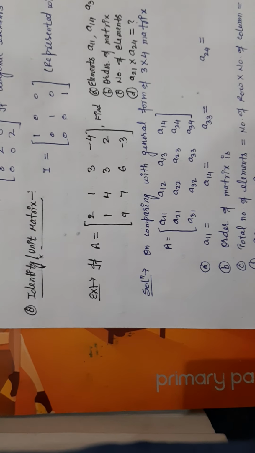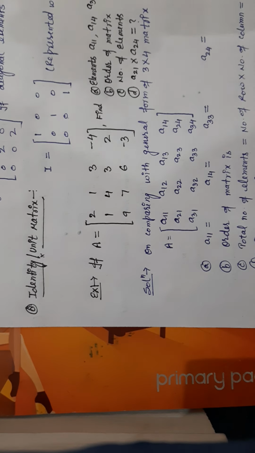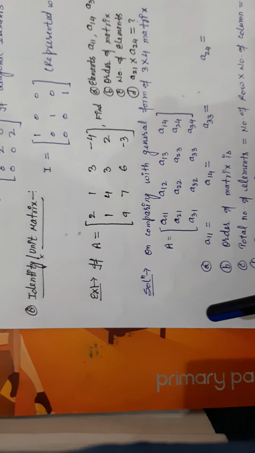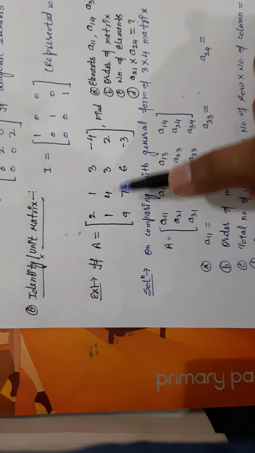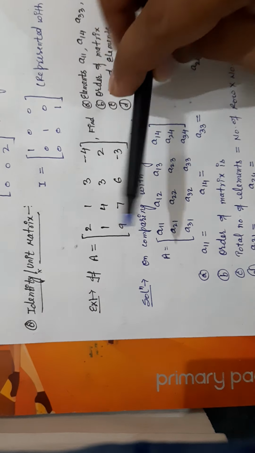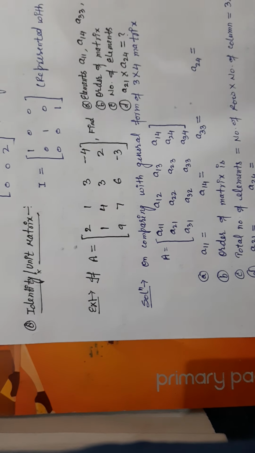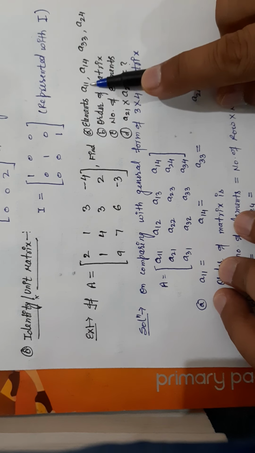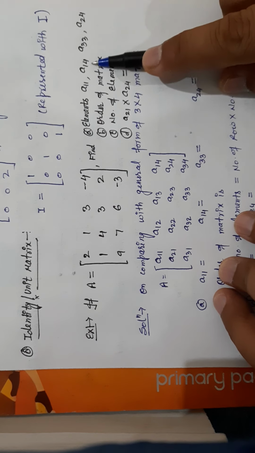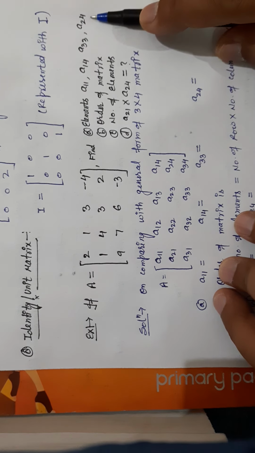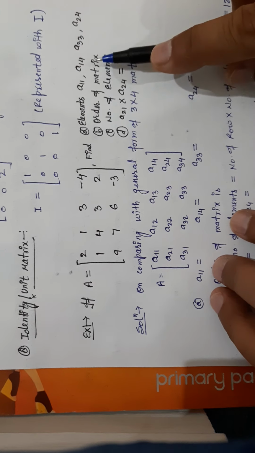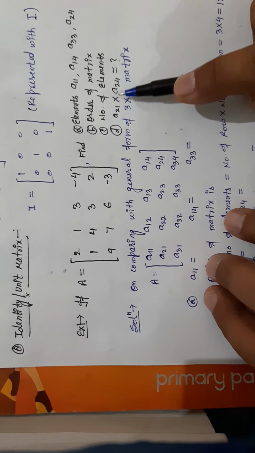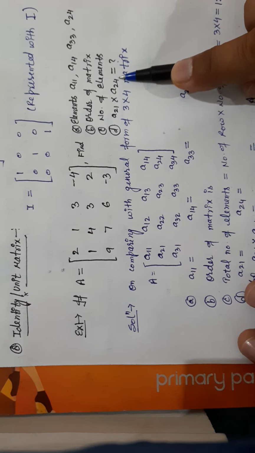Now, some examples are there. Example first, suppose there is a matrix A which is having some elements, some rows and some columns. So in this question we have to find the elements A11, A14, A33, A24 and order of matrix, number of elements and A21 into A24.